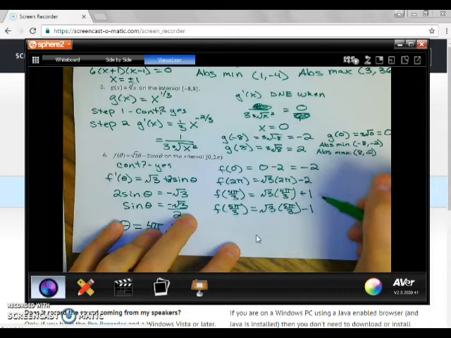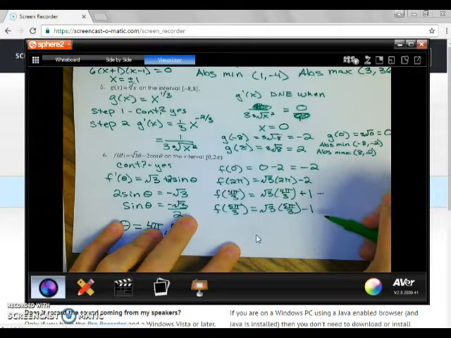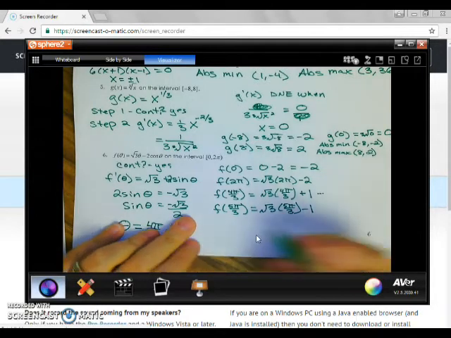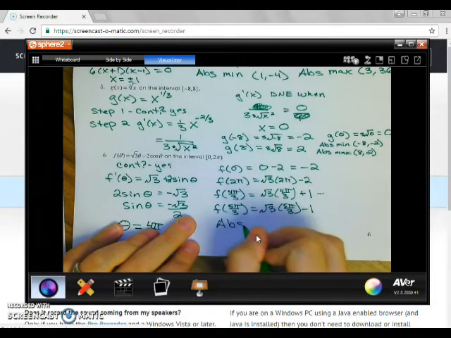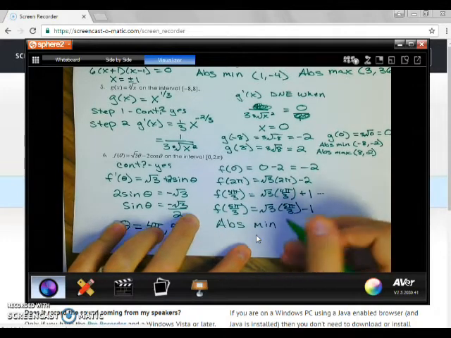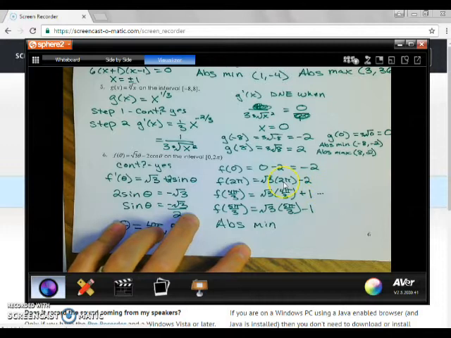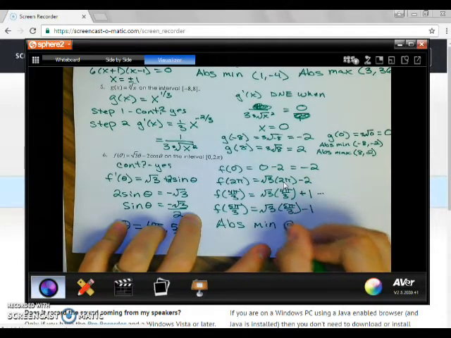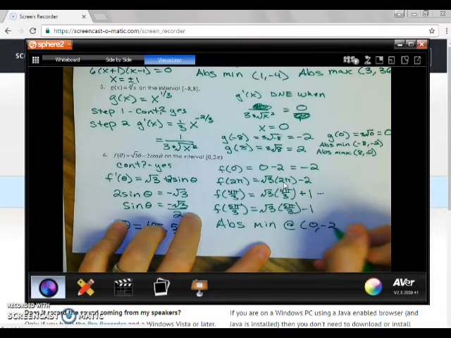Let's see, this one, that one is going to be your, no, that one won't be it. So that'll be an absolute minimum. Sorry, I was just typing those into the calculator off to the side there. Okay, so your minimum is actually going to be at 0, negative 2.